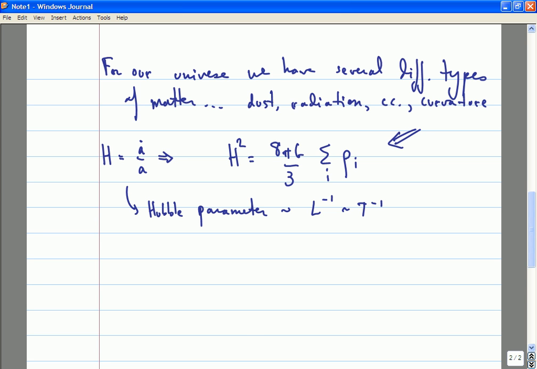And the important point is that because of the conservation equation that we wrote down above, these rho i's will have a dependence on time that is relatively easy to solve for.